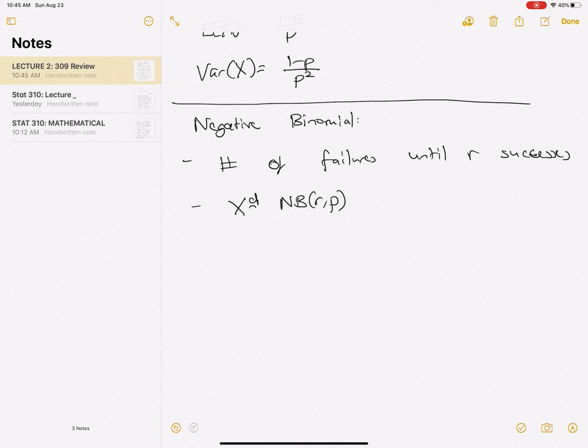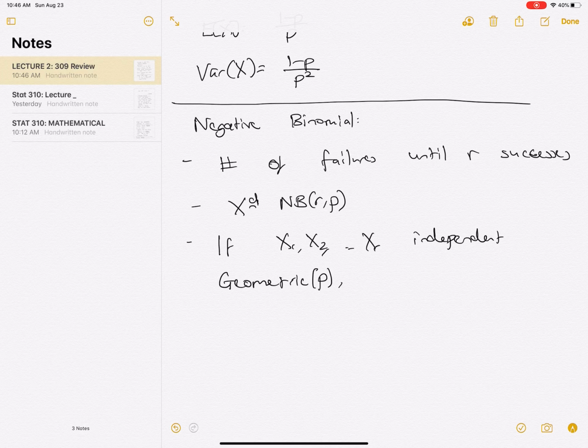So what you can hopefully see is that you can generate your negative binomial from r independent geometrics.